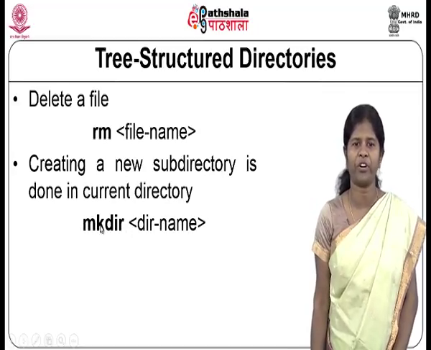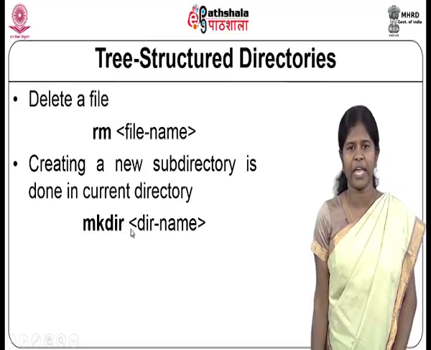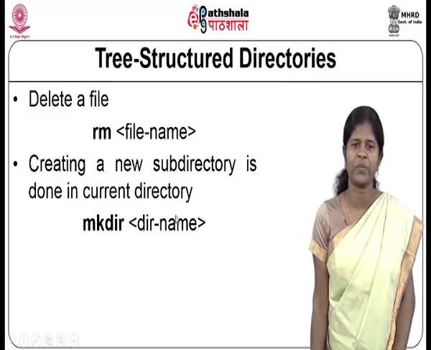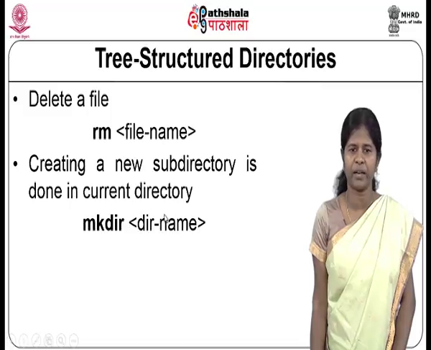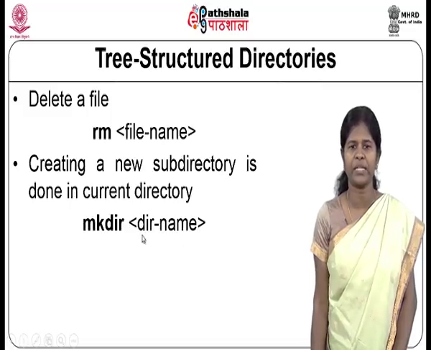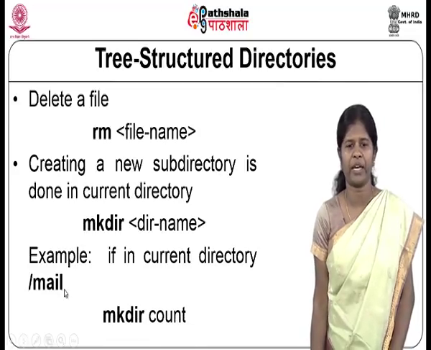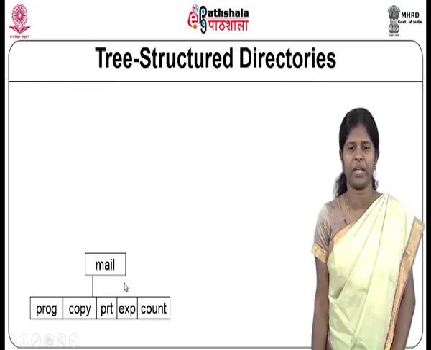The command for creating a new subdirectory is mkdir in the case of Unix, followed by the directory's name. This will create a directory or subdirectory beneath the current directory using the name that is specified. So, if the current directory is mail, and you are trying to create a new directory called count, you need to specify mkdir count.